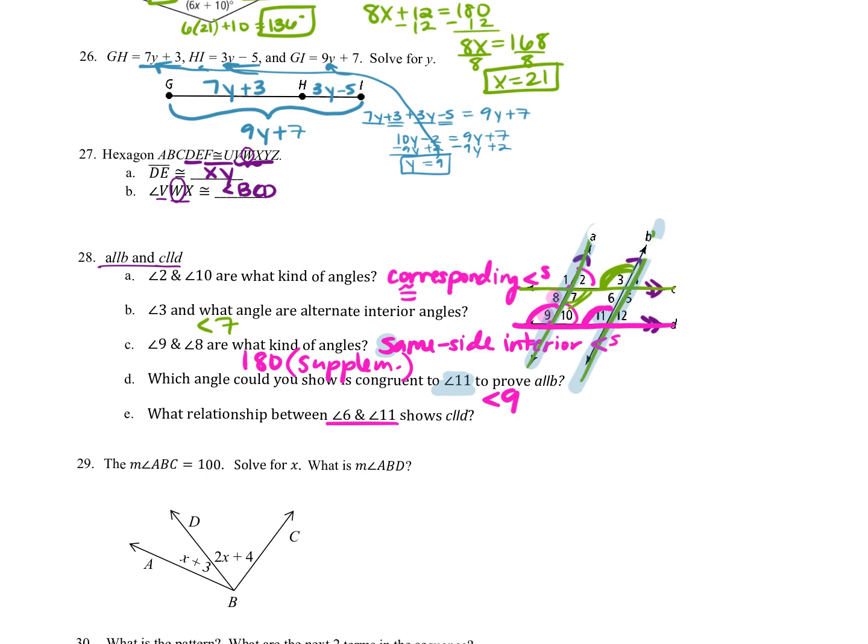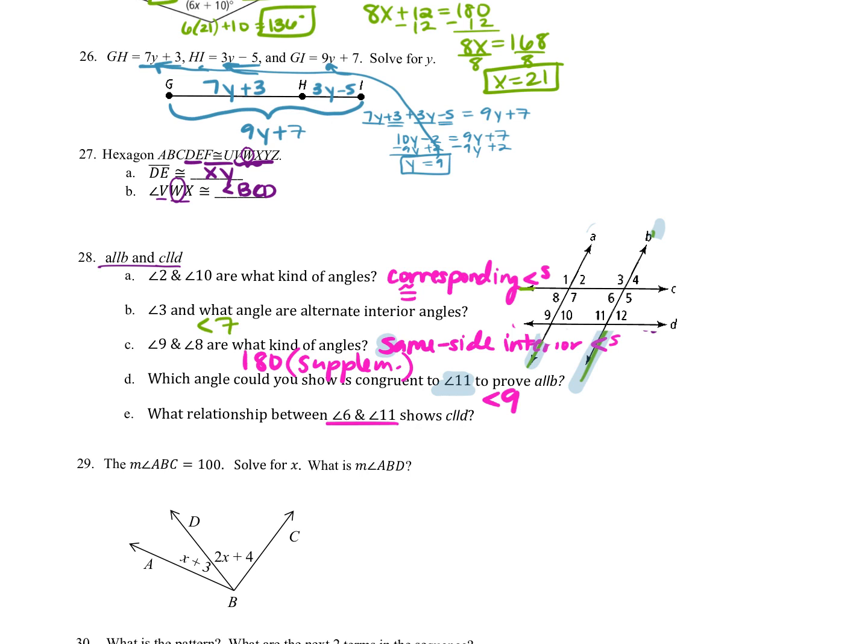All right, and then it says, what relationship between 6 and 11 shows C is parallel to D? Let me erase all the scribbles. So 6 and 11, we have, oh, come on. I hope you got that. Sorry, my iPad is not being friendly.